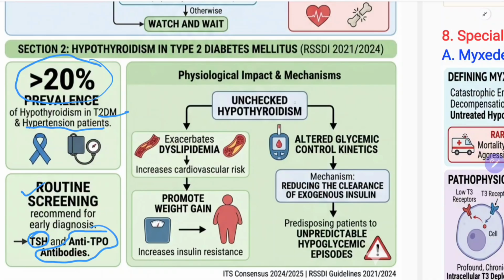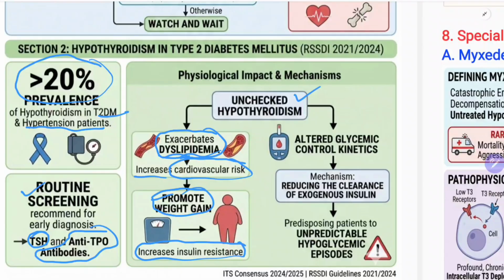What is the physiological impact and mechanism? Unchecked hypothyroidism will exacerbate dyslipidemia, which will increase the cardiovascular risk, and promote weight gain. Dyslipidemia further increases the cardiovascular risk. Second, it promotes weight gain, and weight gain will increase insulin resistance, so the medications given for diabetes mellitus will go on increasing.